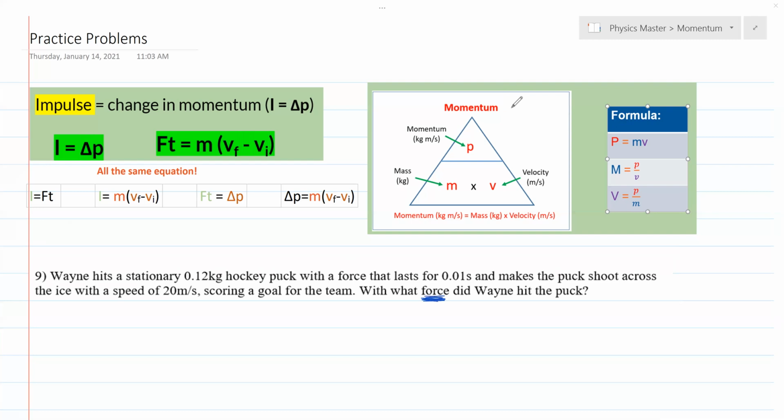Garrett, what's the letter for force? Not the unit, but the letter that represents force, like in an equation. So one of these letters over here. What do you think force is? P? V? P? You sure?